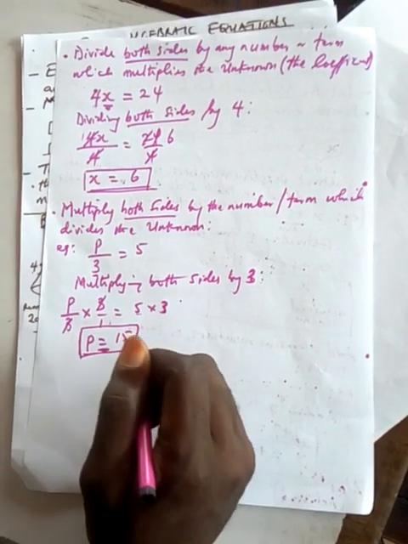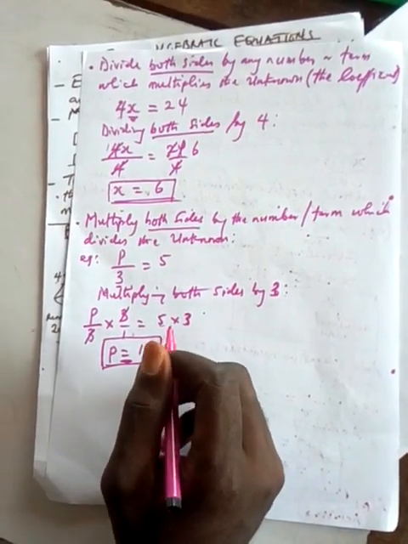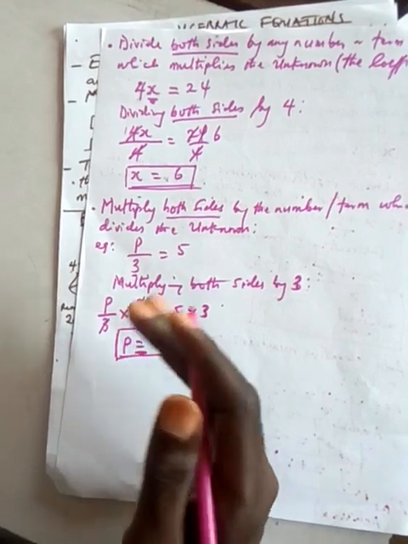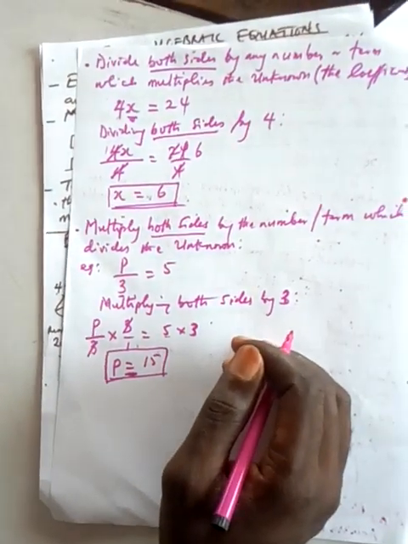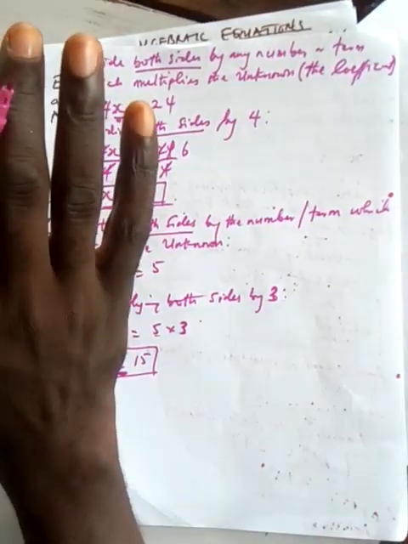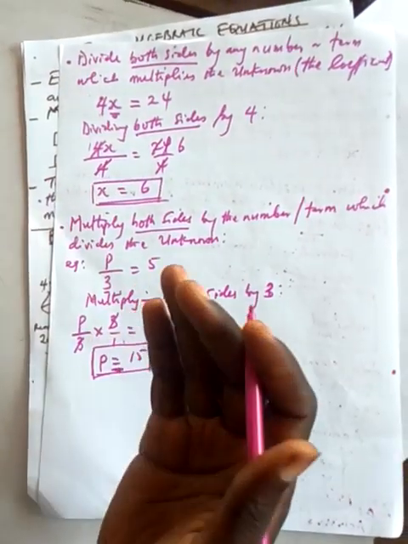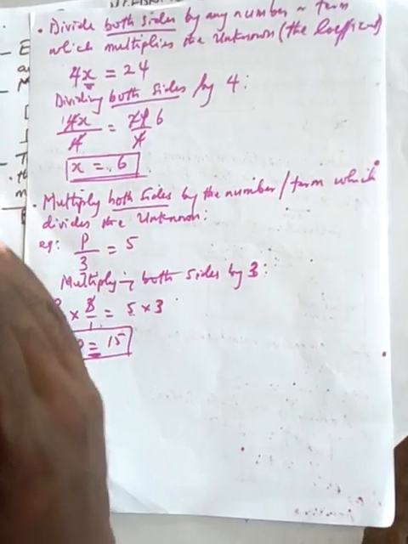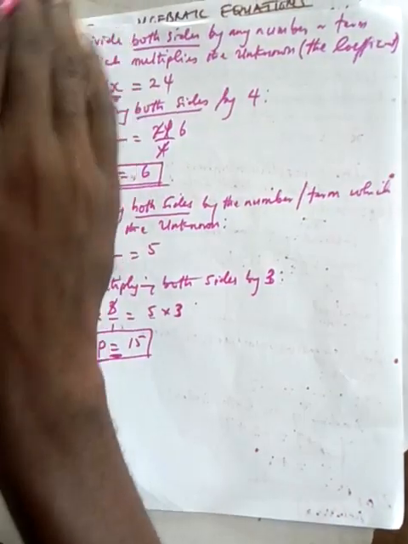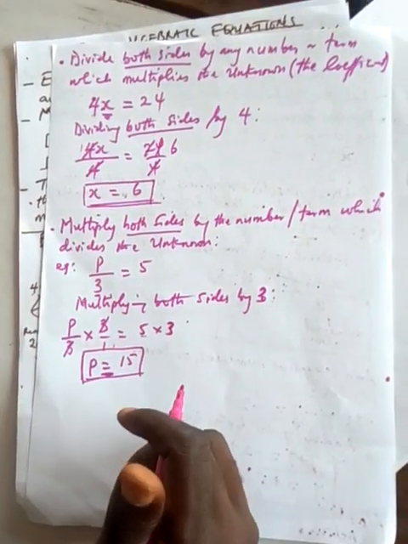In all these things, we can see that we are performing the opposite operation. The operation in the given equation, in order to neutralize it, in order to find the unknown, we have to do the opposite operation to what is in that equation.